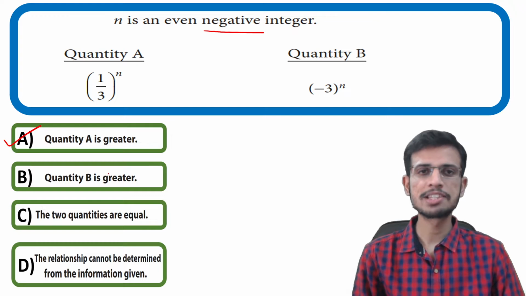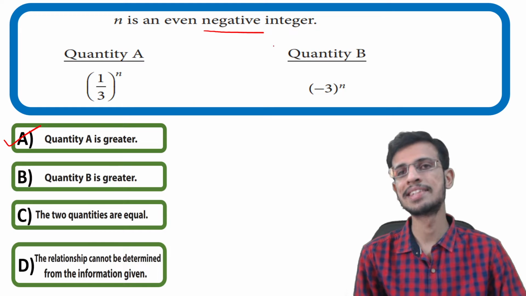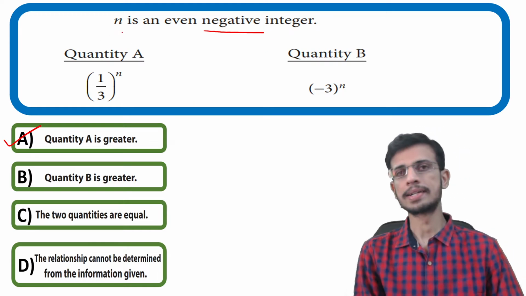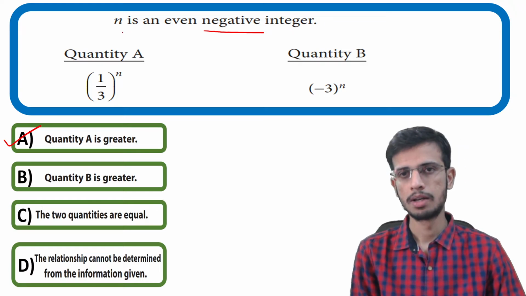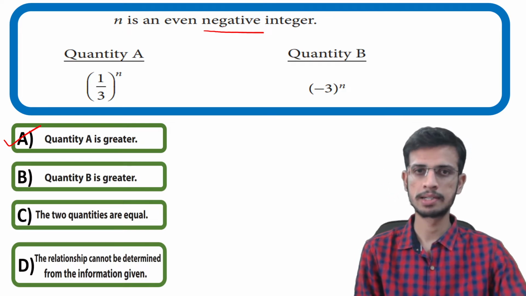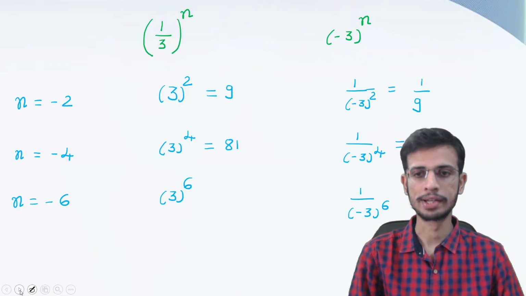So if nothing is mentioned in the question, if it is only mentioned that n is an even integer, we'll be choosing option D. For positive integers, quantity B will be greater. For negative integers, quantity A will be greater. But here we have a specified condition.